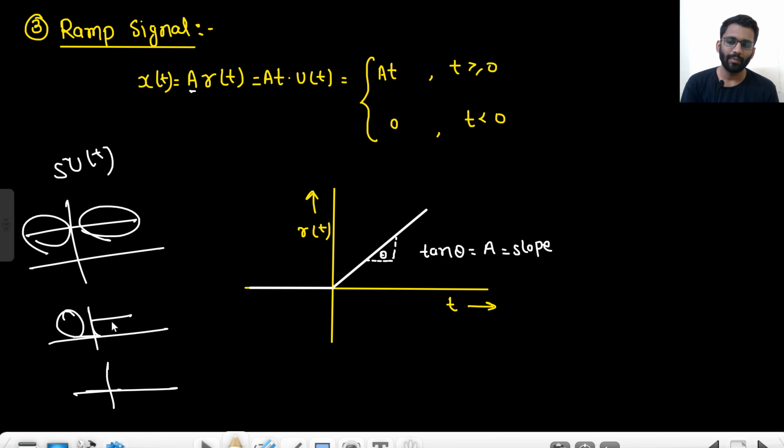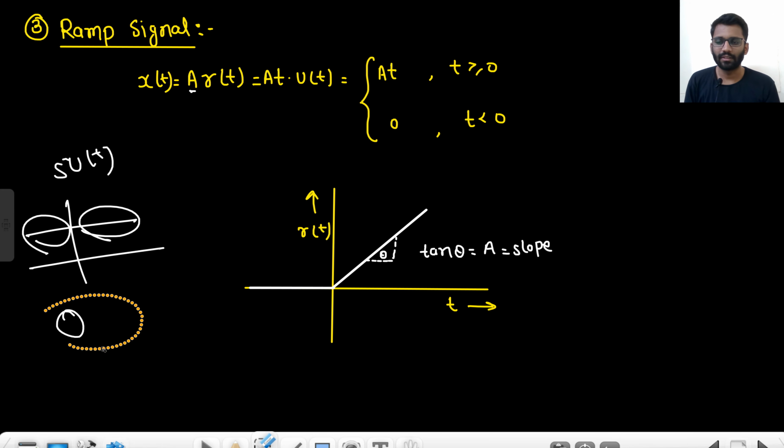After that, this value will be multiplied with u(t), which is 1, so it will become 5. So if u(t) is multiplied, the value for t less than 0 is gone. Only for t greater than 0 it is there.